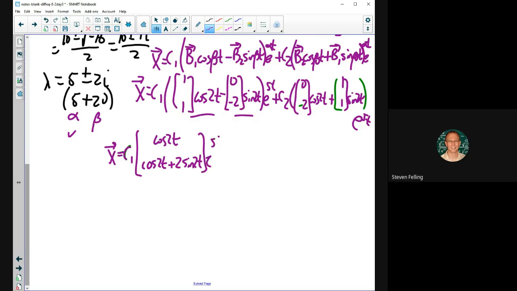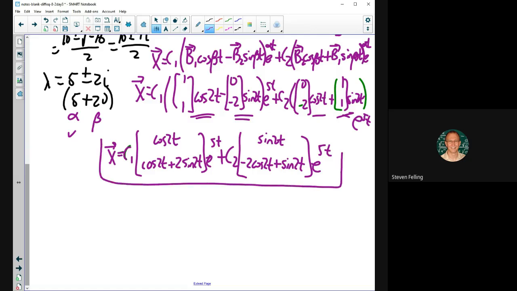So you'll probably see it written this way, where we're just combining these terms together. Same thing over here. We can combine these by saying this is C2, and then on the bottom we've got negative 2 cosine 2t plus 1 times sine 2t, and on the top it's just 1 times sine 2t. So make sure that you can see how that relates. Okay, so that would be the answer.